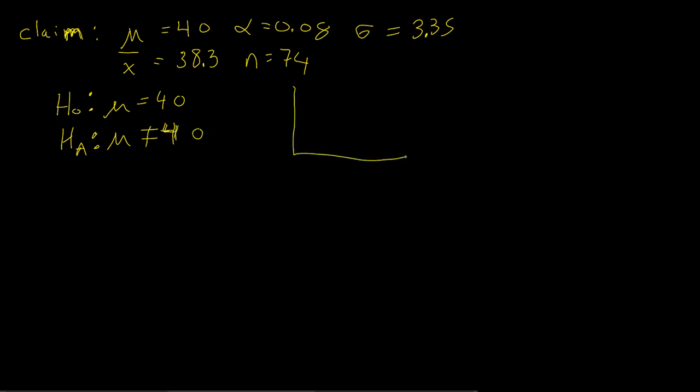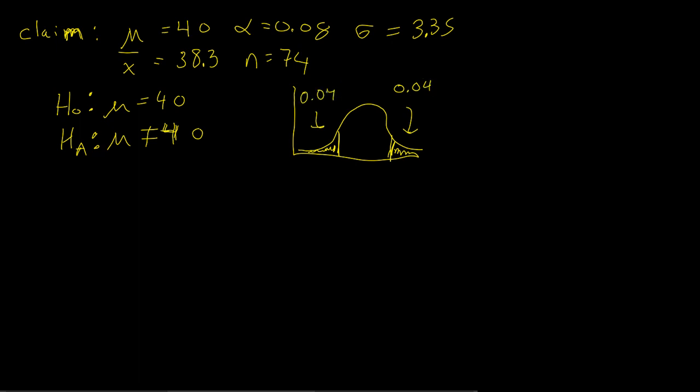Because it's an equal sign, it's going to be a two-tailed test. And our significance level is going to be an alpha of 0.08. So each side is going to get half of that, 0.04.